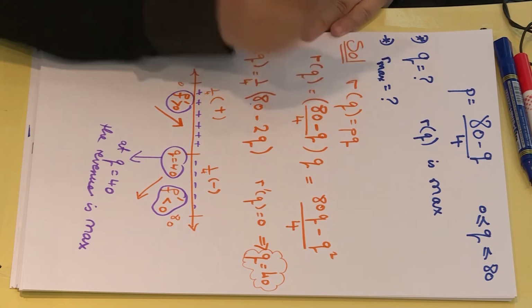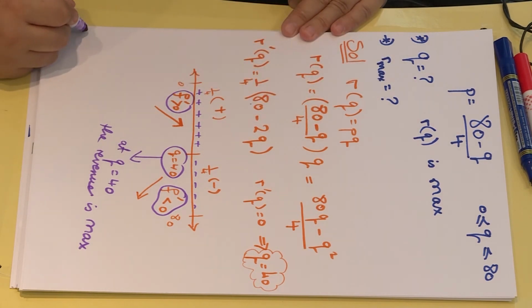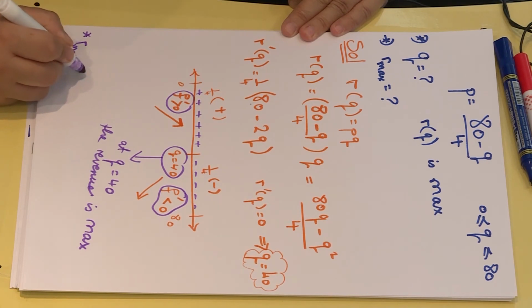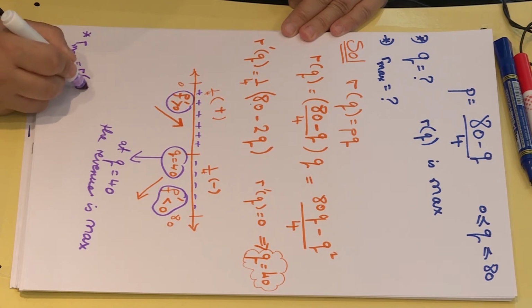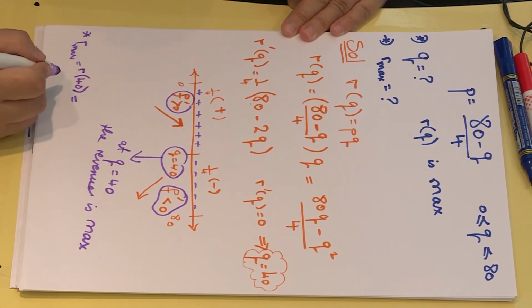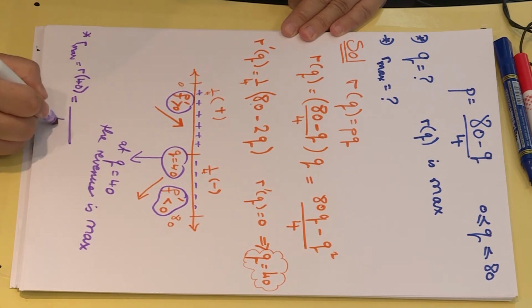The second part is asking you to find the maximum revenue. So R maximum is equal to R of 40. Go to the revenue function, remove every Q and put 40. So here I have the 4 in the denominator.